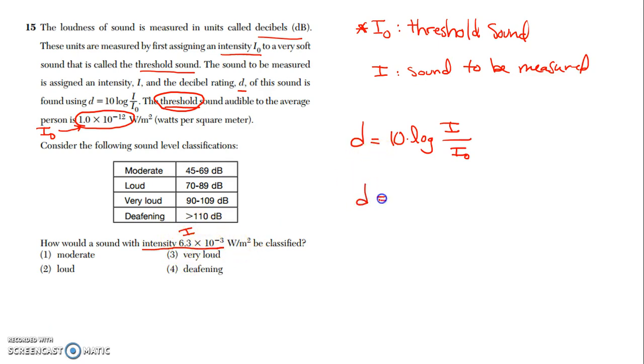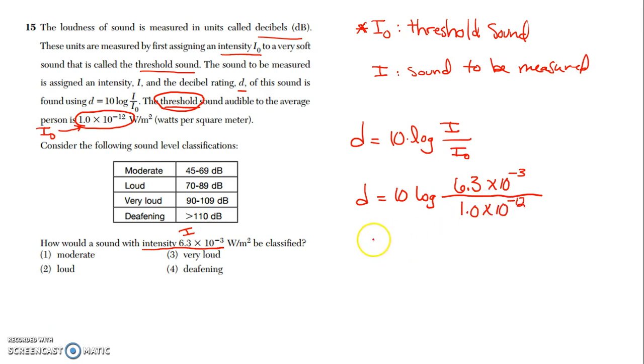So we have D equals 10 times log of, in place of I, 6.3 times 10 to the negative 3 over the threshold sound, 1.0 times 10 to the negative 12th.